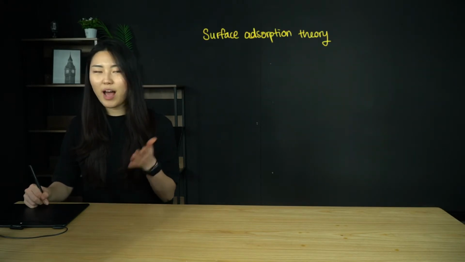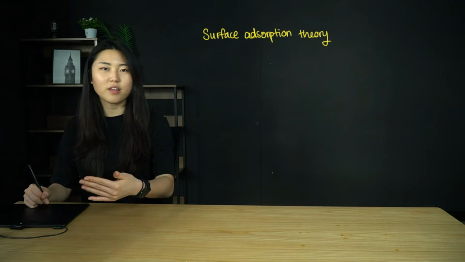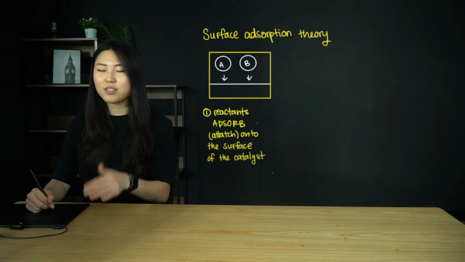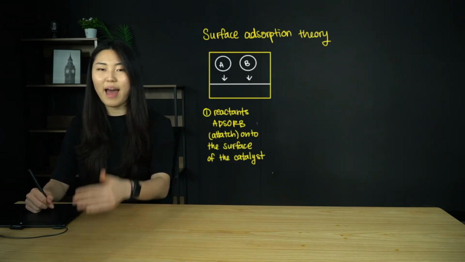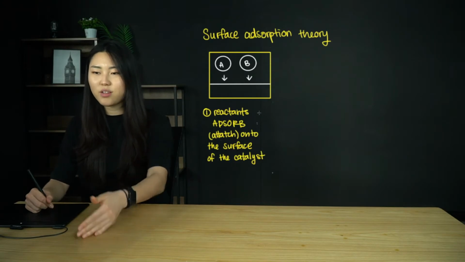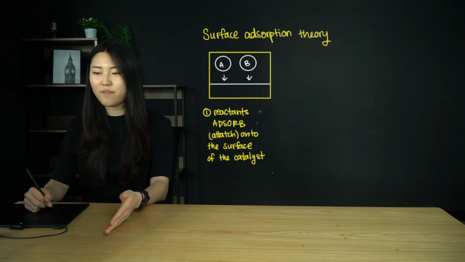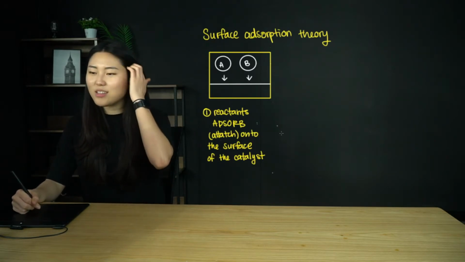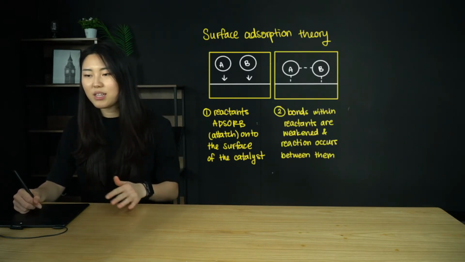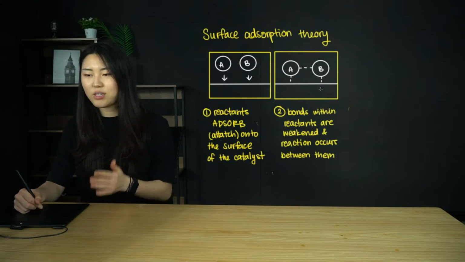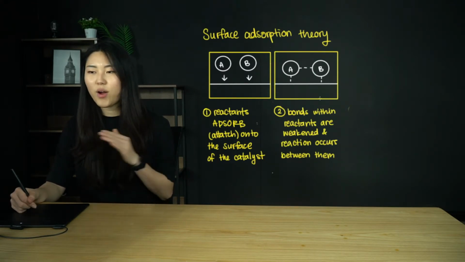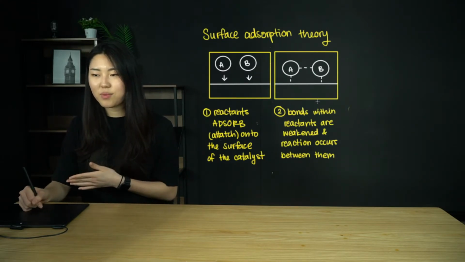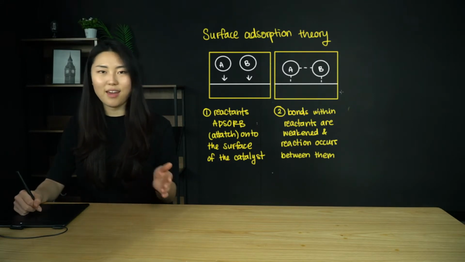First of all, on the surface of the heterogeneous catalyst, the reactants are going to adsorb, attach basically onto the surface of the catalyst, okay? And the bonds within the reactants are weakened and the reactions are going to occur between them. When I say bonds within the reactants, it doesn't mean that A and B were bonded.